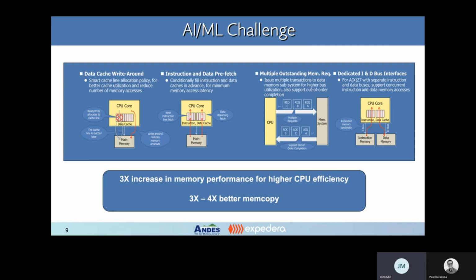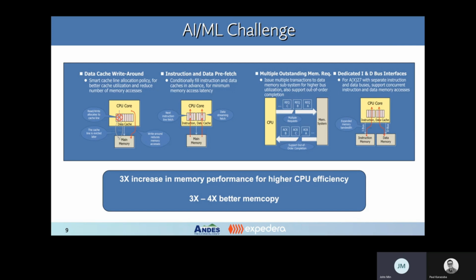So we've accelerated data movement in our advanced processors by adding something called MemBoost. It's a collection of technologies that accelerate data movement. We have a data cache write around. So perhaps you have data that needs to be used again, so you put it in the cache, or perhaps you have data that needs to go out to an accelerator immediately.